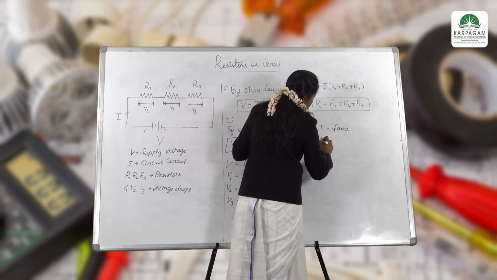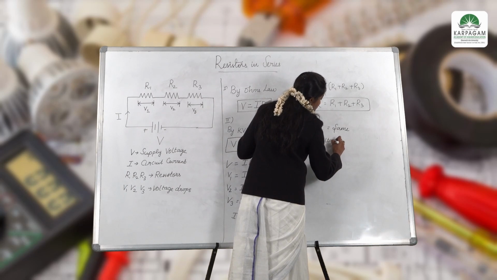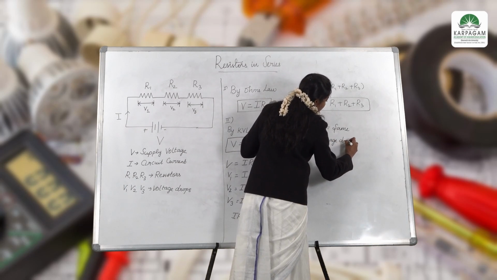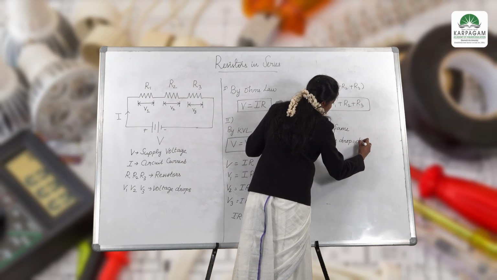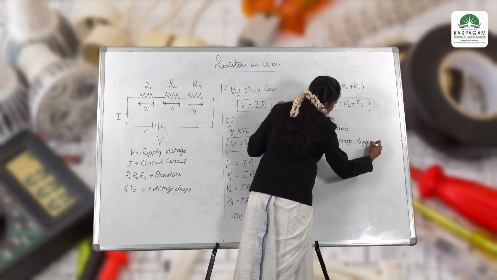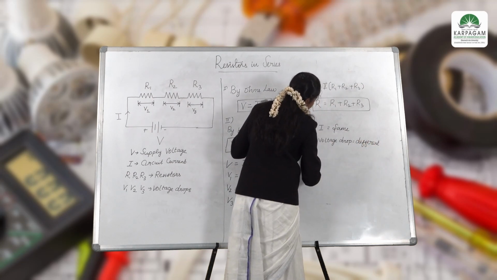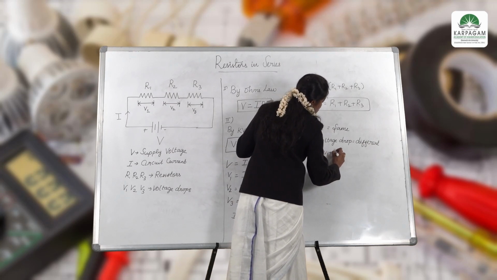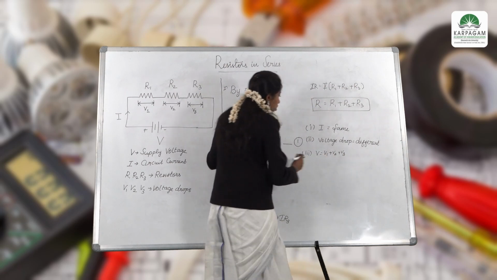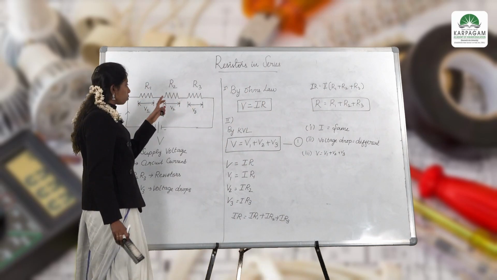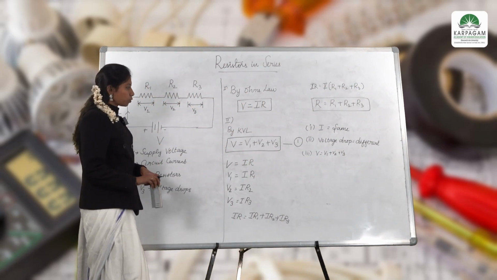The next thing is that the voltage drops across each element will be different. This is based on Kirchhoff's voltage law. And the third one is that the sum of the voltage drops will equal the applied voltage. So these are the three things you need to remember in case of a series circuit.